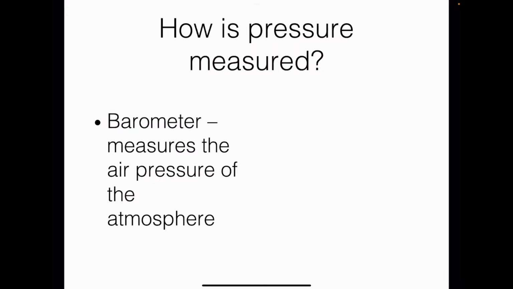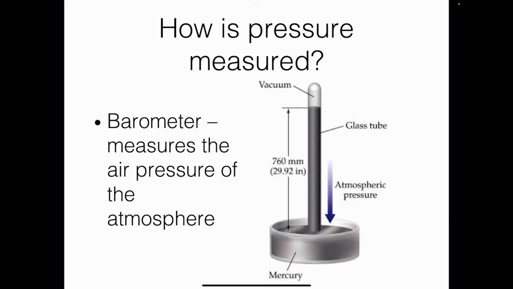Pressure is measured with a tool called a barometer. So you've probably heard this maybe in the weather, the barometer is reading this or this. It's a measure of the air pressure of the atmosphere. And it quite literally works by the atmosphere pushing down on a pool of mercury. So we see the atmosphere pushing down on this open pool.